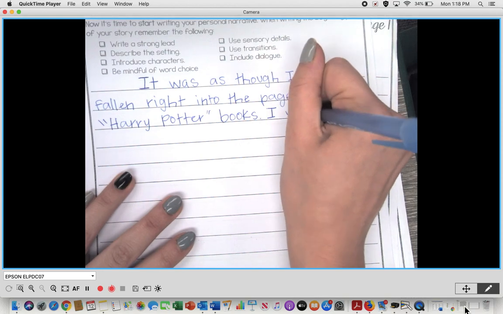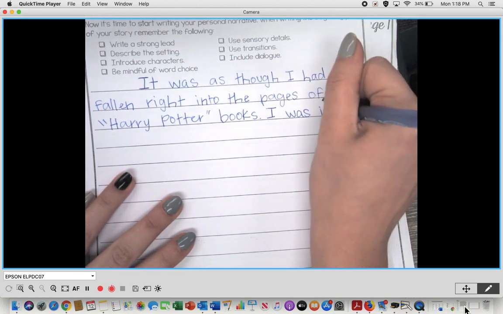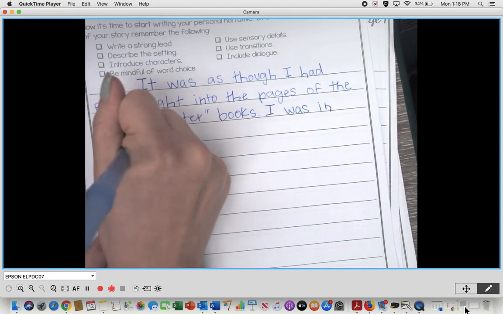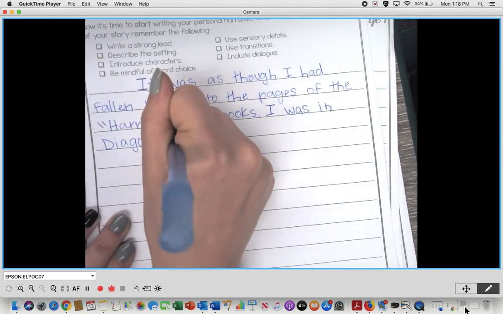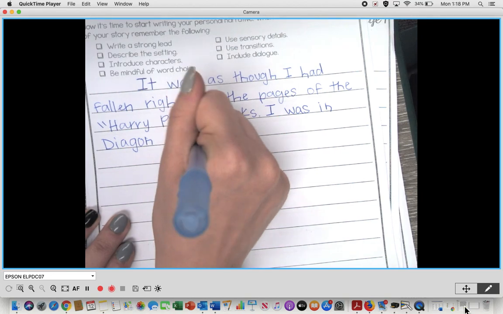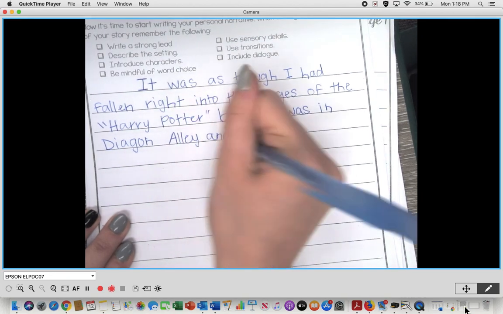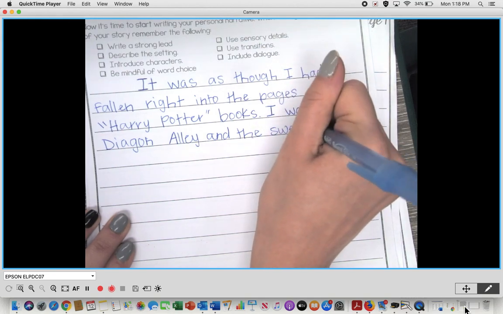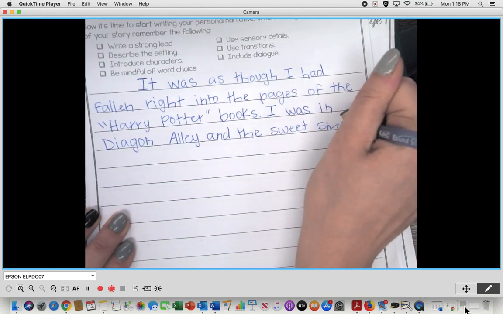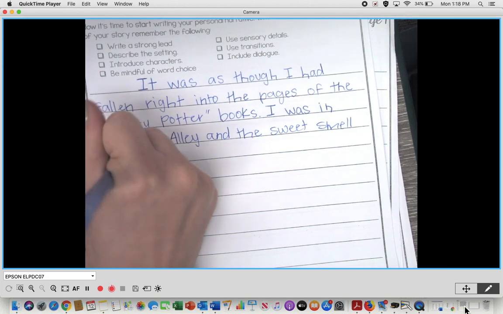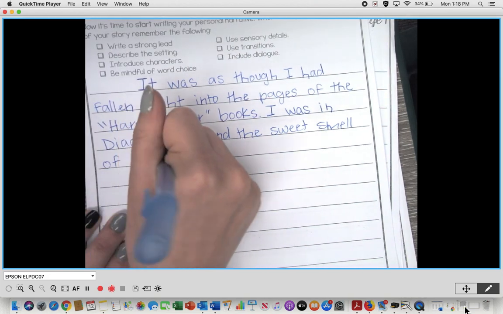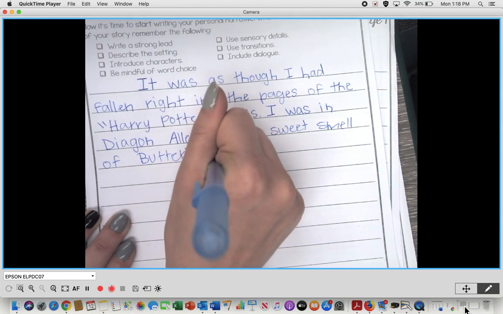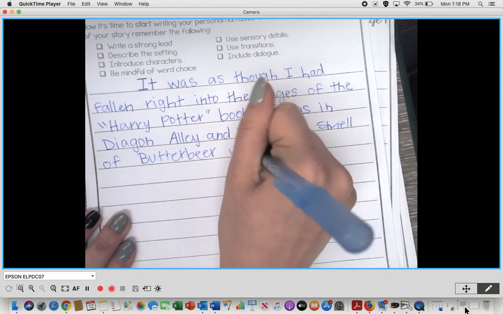I was in Diagon Alley and the sweet smell of butterbeer wafted through the air.